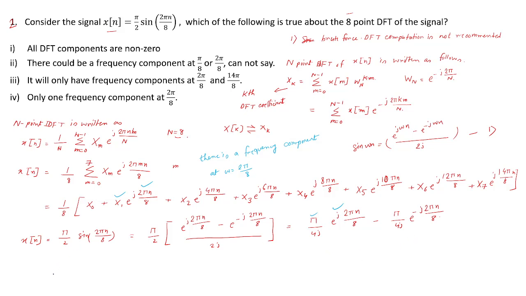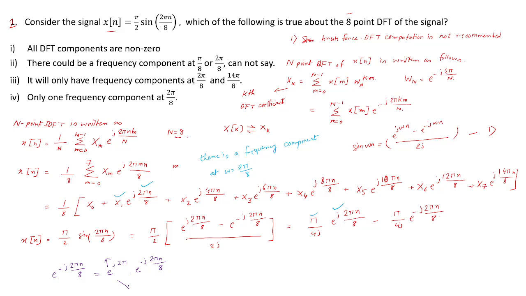You can see that e to the power minus j 2 pi n over 8. Can we write it as e to the power j 2 pi times e to the power minus j 2 pi n over 8? Can we write that? This is very important. What is the value of this?